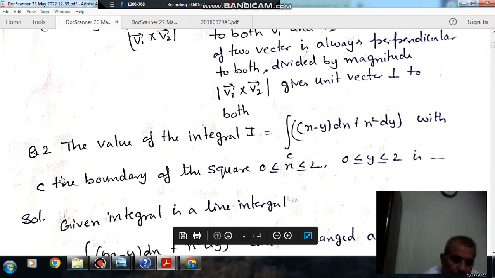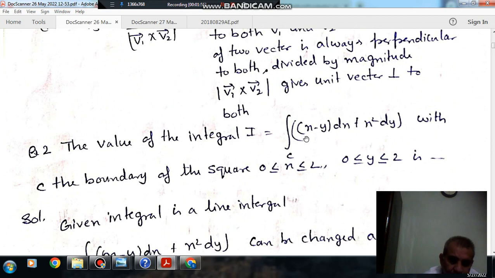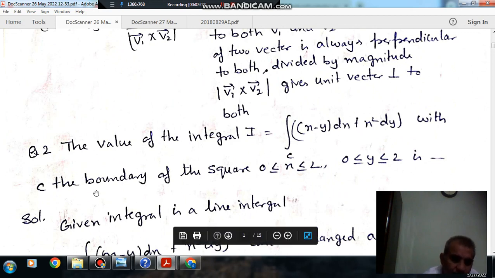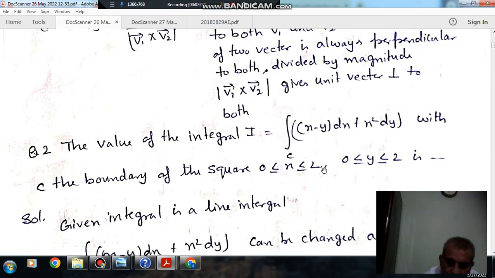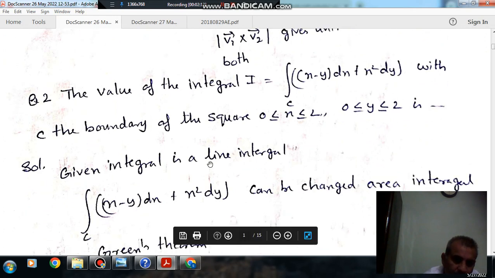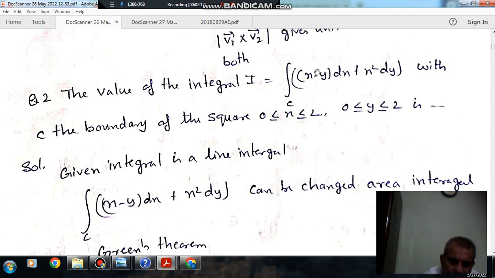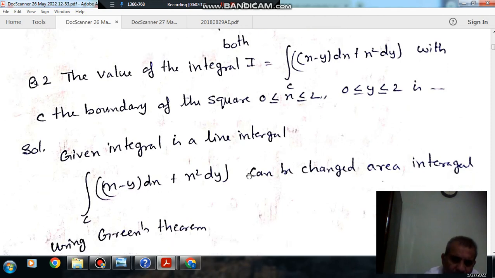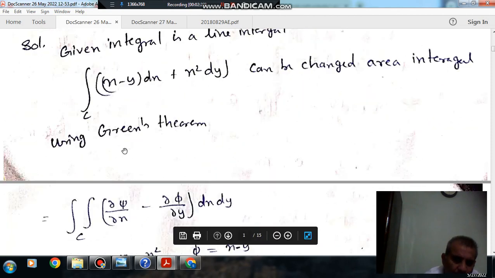Next, the value of the integral, closed contour integral of (x minus y) dx plus x square dy, with C the boundary of the square, x varying from 0 to 2 and y varying from 0 to 2. The given integral is a line integral, or curve integral, so that can be changed into an area integral by using Green's theorem.